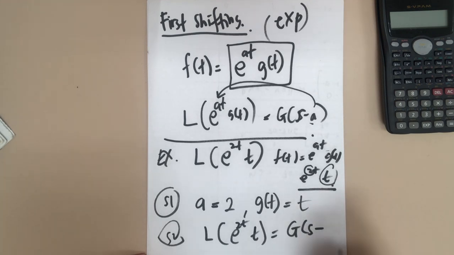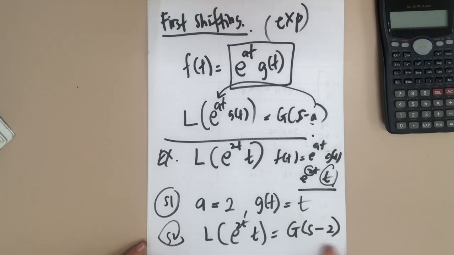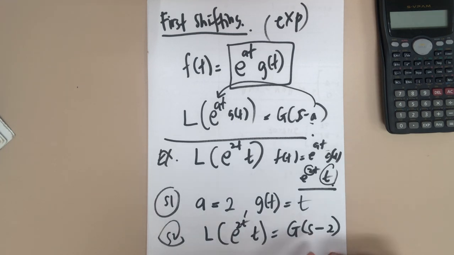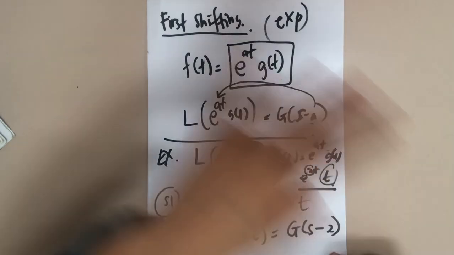What is your a here? Your a here is 2. This is not the final answer yet, it is just a hint: your final answer must be in the form of s minus 2.